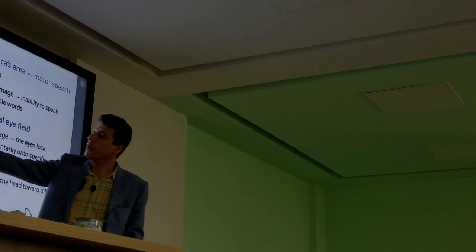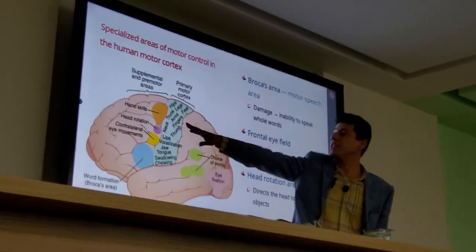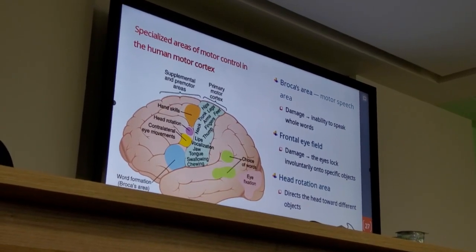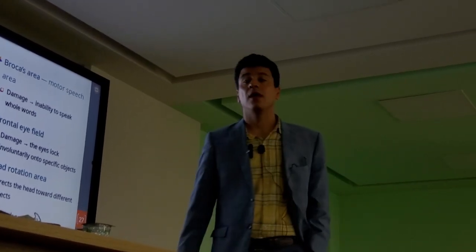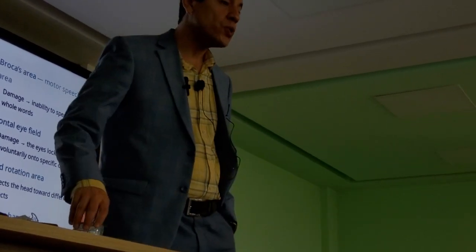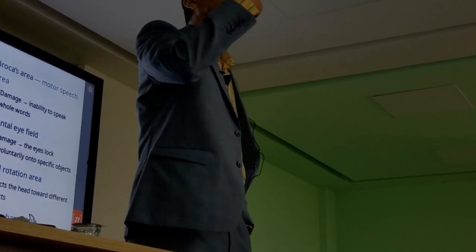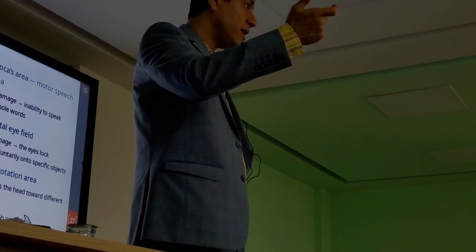So, head rotation area, okay, hand skill area. Any damage here may cause difficulty performing some specific actions voluntarily. For example, you may ask the person to show you how they brush their teeth. Okay, the person is not able to show you, right?